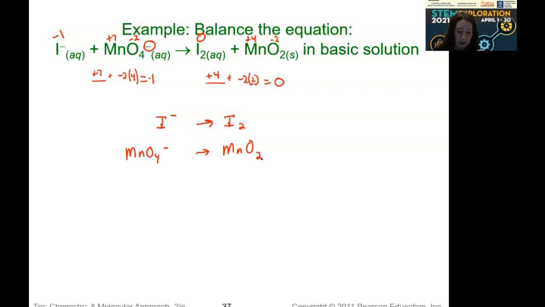The next step, balance all but H and O. I should have just copied this over. Let me just see if I can really fast, instead of writing all of this over again. So balance all but H and O. And then you're going to balance.